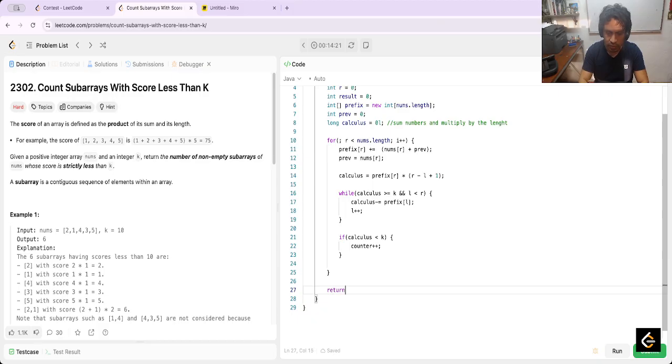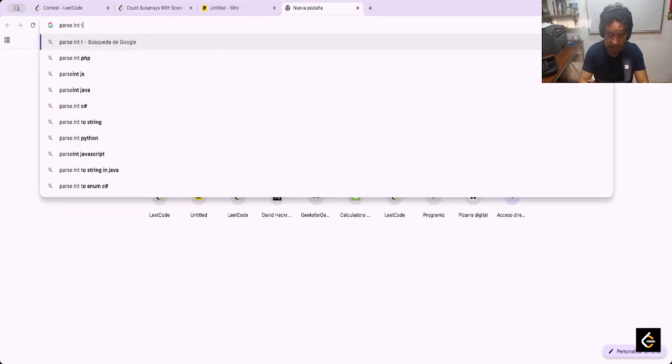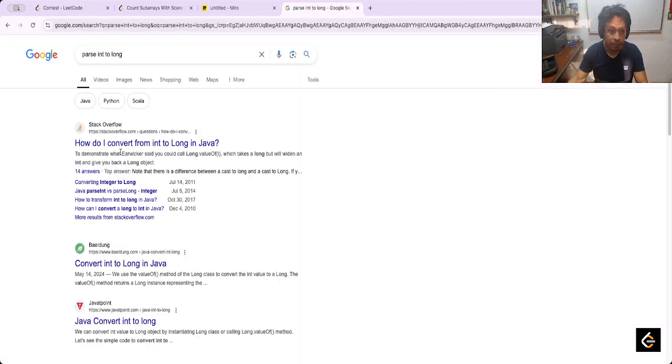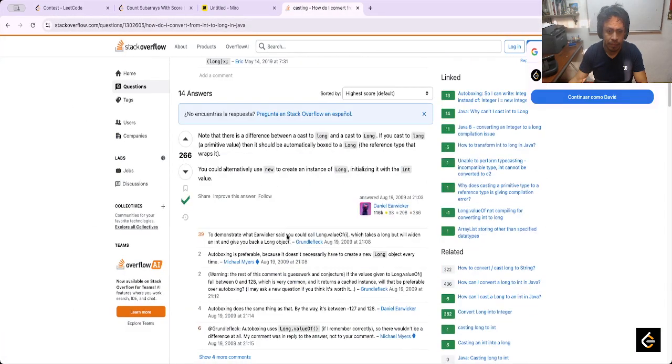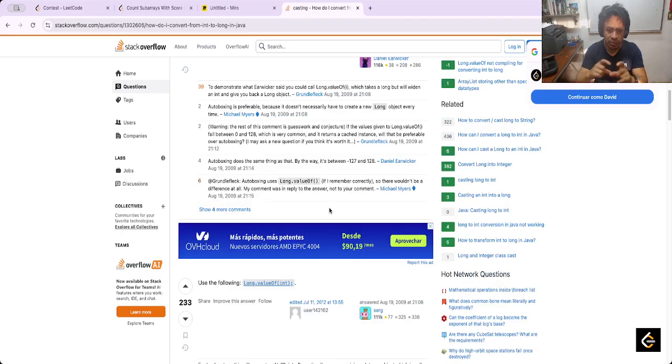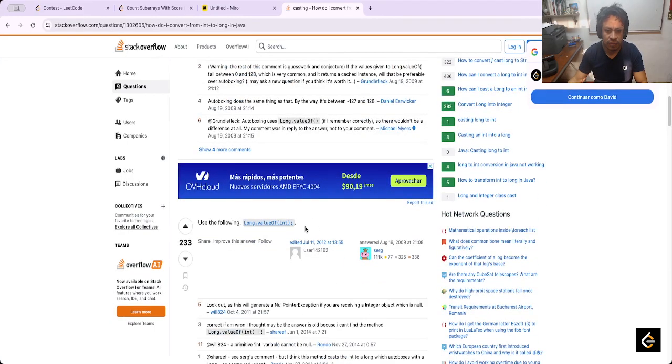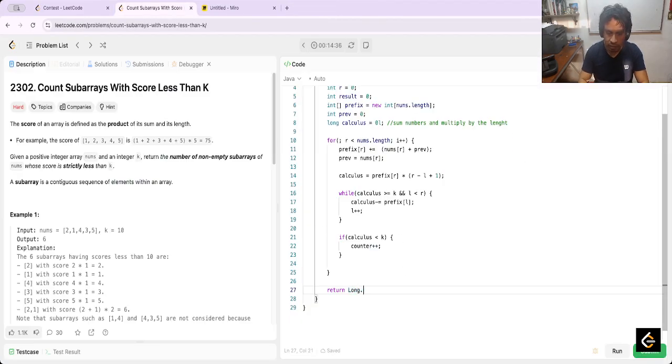Okay, return, parse integer to long. I think it's only with the long at the value of counter.